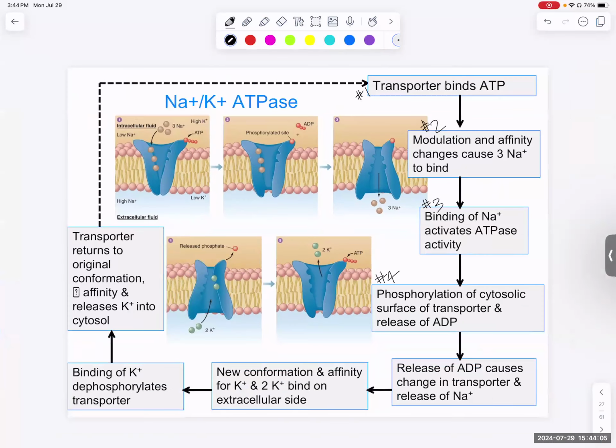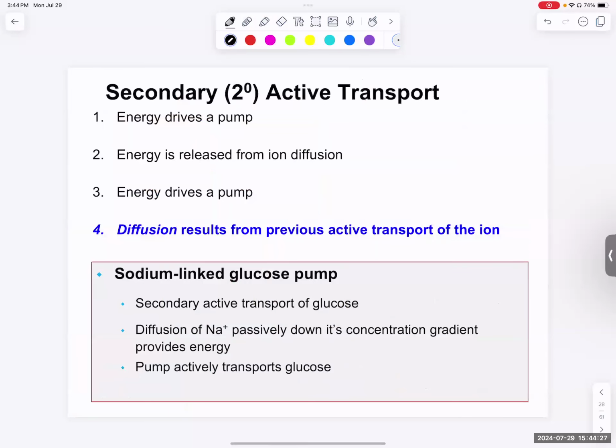And so when you're trying to study these processes, it's really great to break it down into chunks: this happens, then this happens, then this happens, and this happens. And these transporters, they'll just keep going as long as you have ATP and the need to transport sodium out and potassium into the cell.